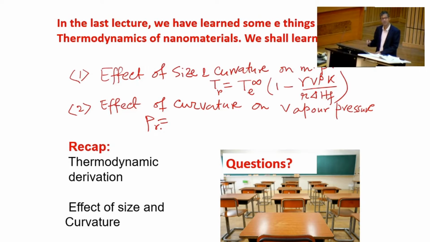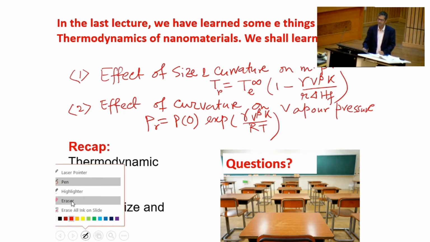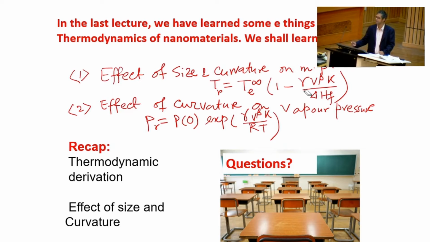Again, I am putting r everywhere, which was not there in the previous description, to differentiate that this is the vapor pressure of a solid with radius r, equal to P0, the vapor pressure of the material with bulk size, times exponential of gamma V beta kappa over RT. Here kappa is equal to 1 by r, the radius of curvature, so let us write 1 by r the way I have written it.